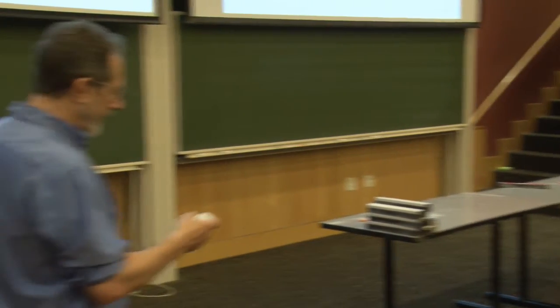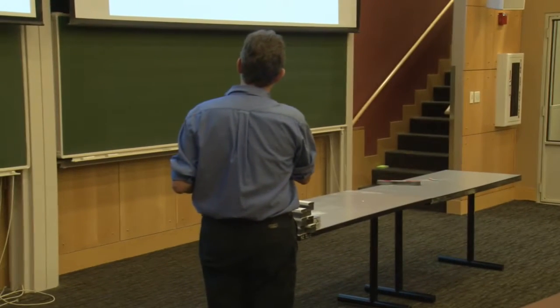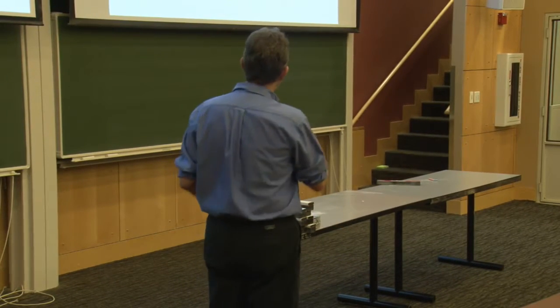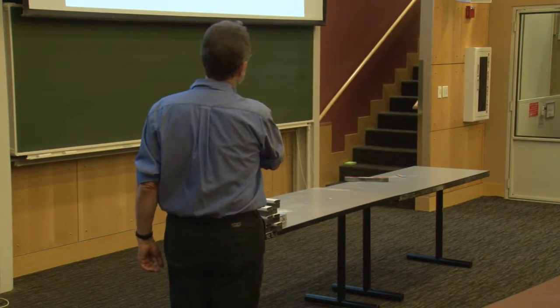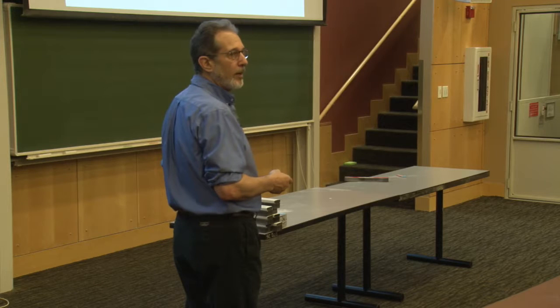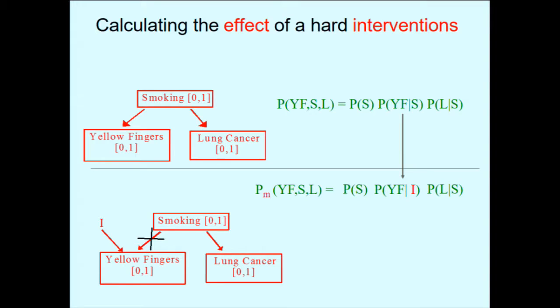But this is the key fact, and you got it exactly right up there, that you're going to replace exactly the term of the variable you've intervened upon by changing what's conditioning. Prior, it was the variable in the graph that you were assuming influenced that guy, and now it's your intervention.